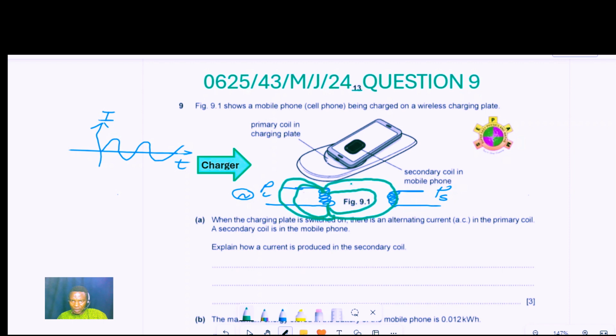When an alternating current flows into the primary coil, it creates a changing magnetic field that cuts the secondary coil. So, explain how current is produced in the secondary coil.